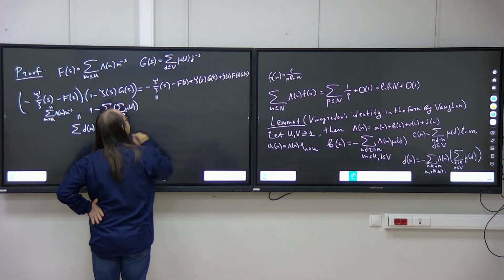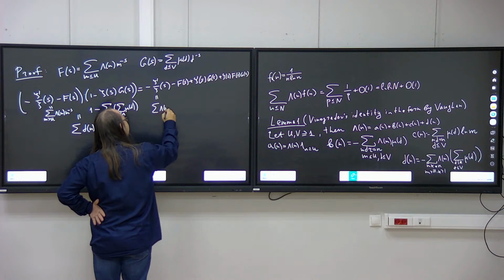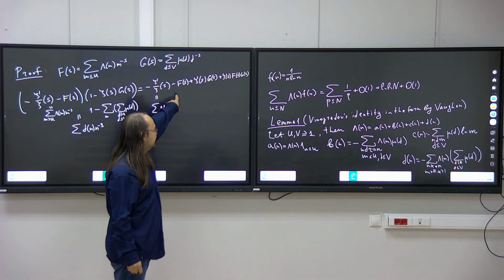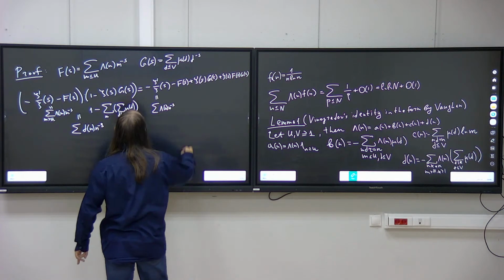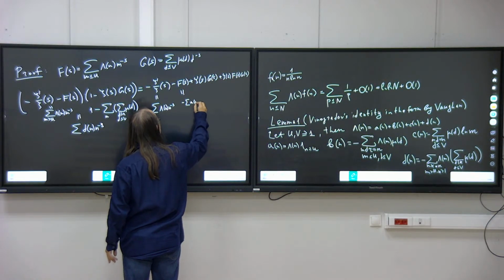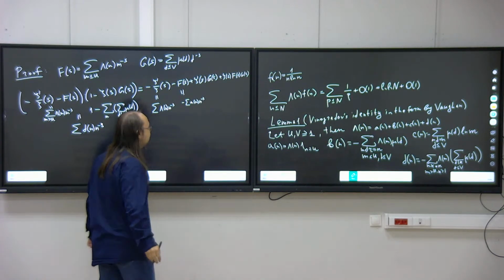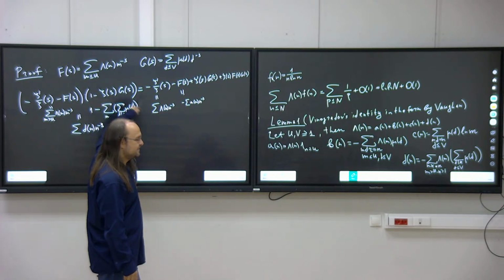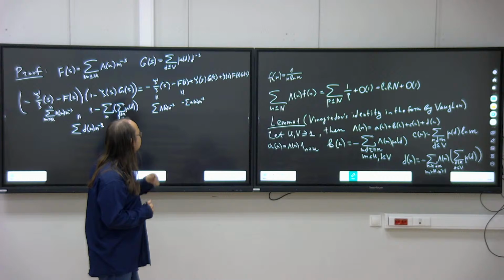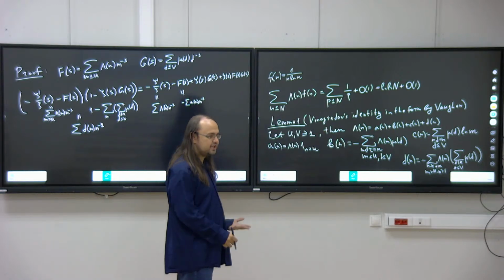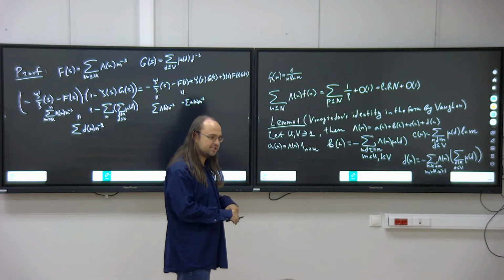Okay, so this is the sum of lambda of n to the power minus s. This one, f of s, is precisely minus the sum a of n to the power minus s, by definition. The third one is what? If you take a derivative of zeta, you are going to get minus log.